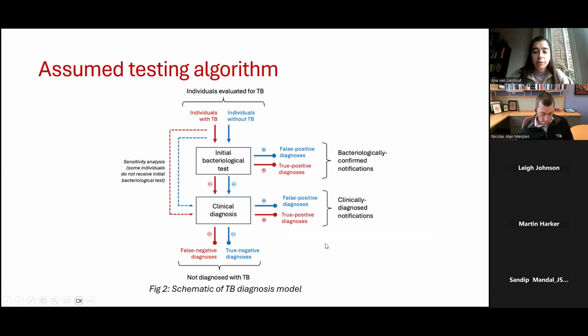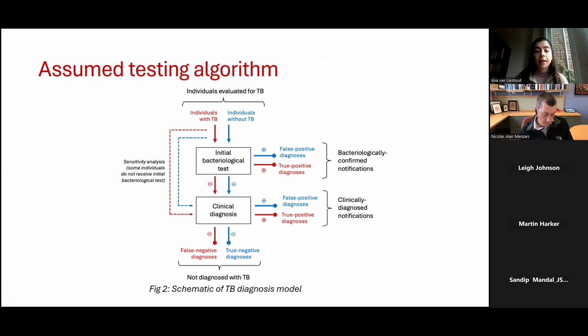And this clinical diagnosis will ensure some additional positive notifications, and those will be considered the clinically diagnosed notifications. If the patient evaluated actually is negative for both the bacteriological test and the clinical diagnosis, they are considered to not have TB, so they will receive a TB negative diagnosis.